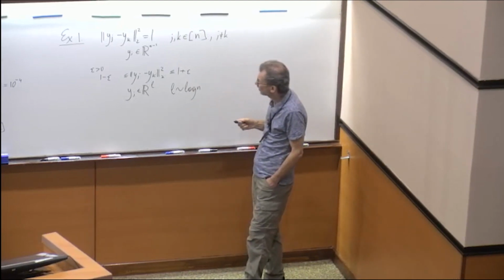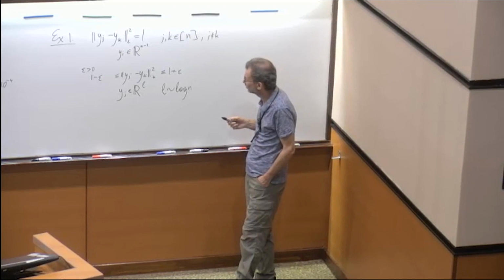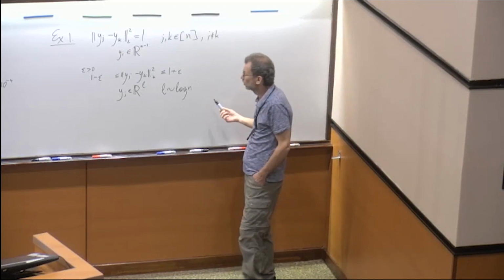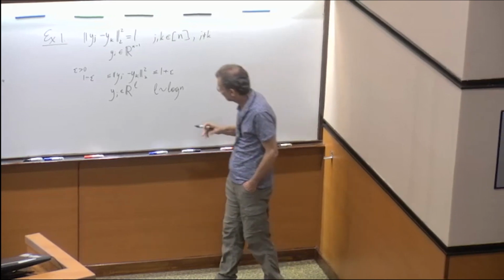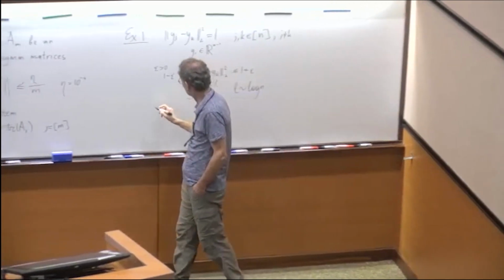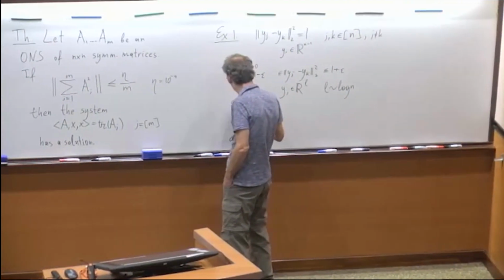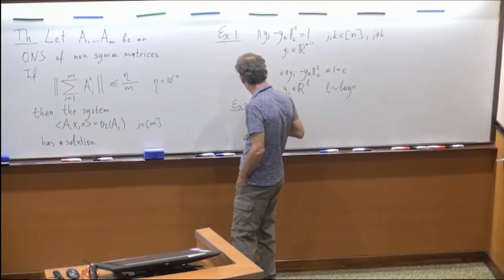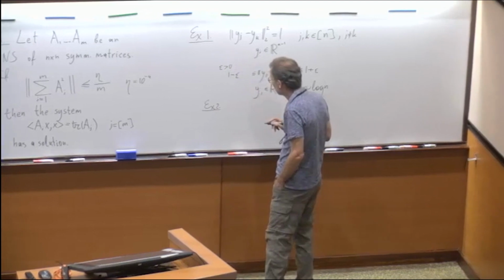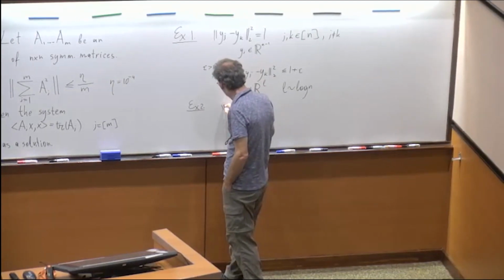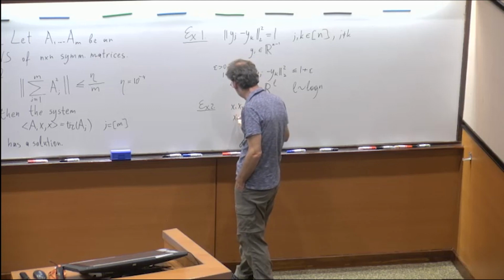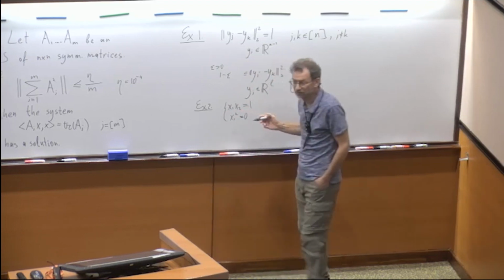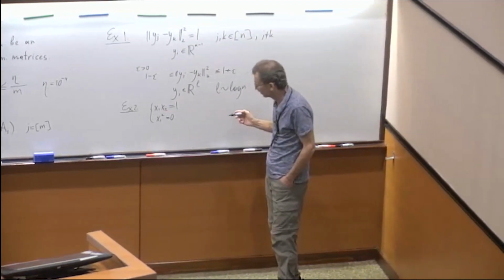But maybe by taking epsilon extremely small, we will exclude this example. But this is not the case. We can consider an even simpler example. Let's consider a 2-by-2 system: x1 x2 equals 1, x1 squared equals 0. Of course, there are no solutions.